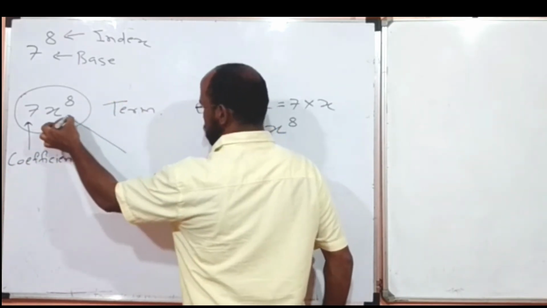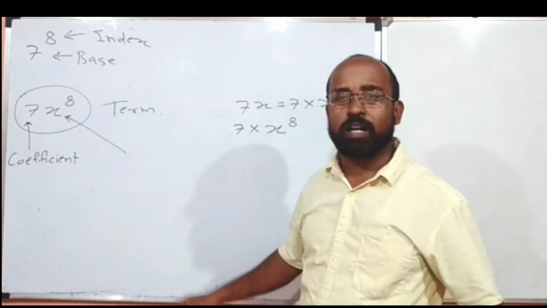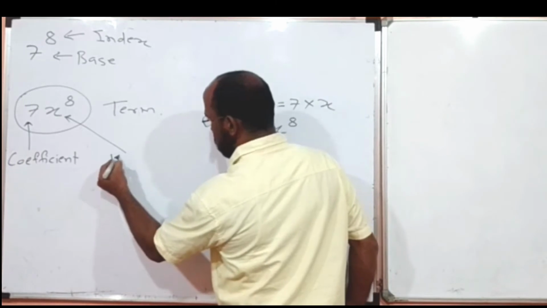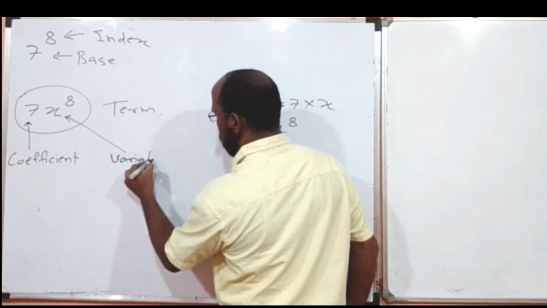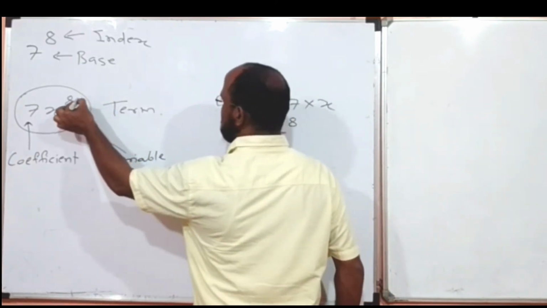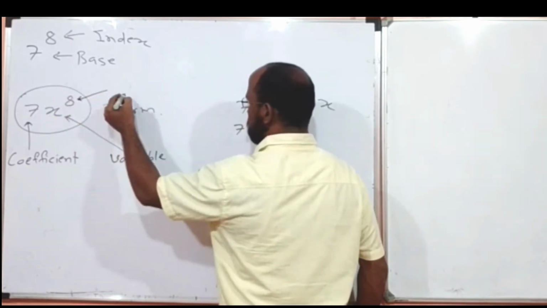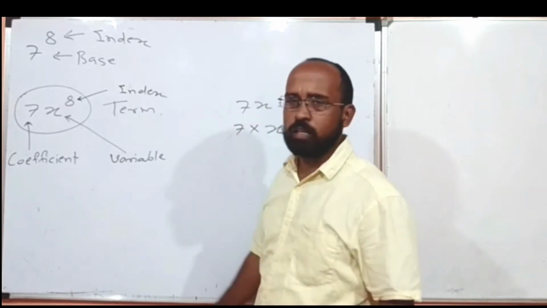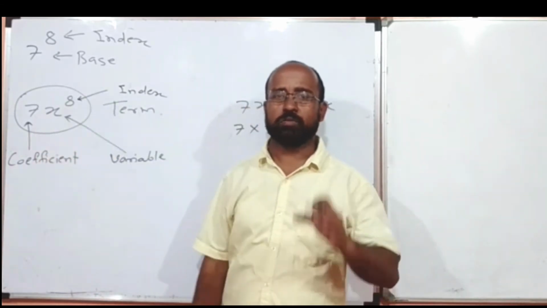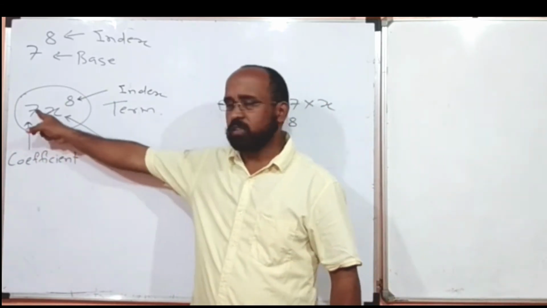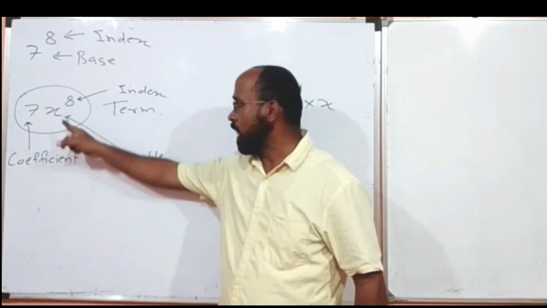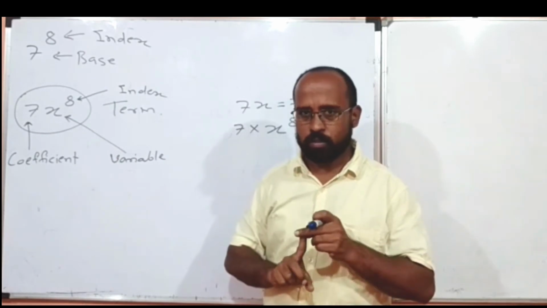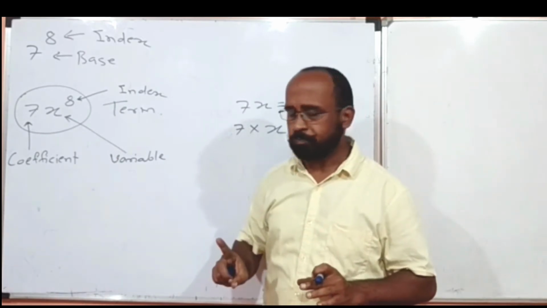This x, as we learn in equations, is called variable, and this 8 is called index. So 7x raised to 8 is one term. Among this term, 7 is the coefficient, x is the variable and 8 is the index. Understood what is meant by term?